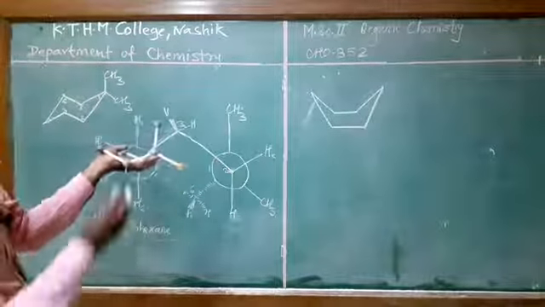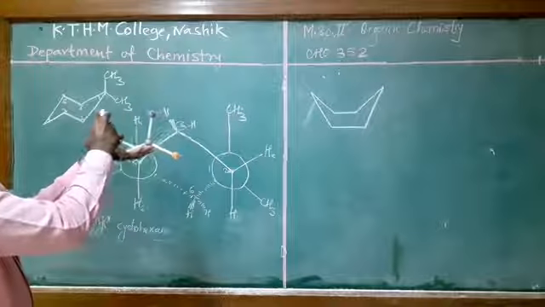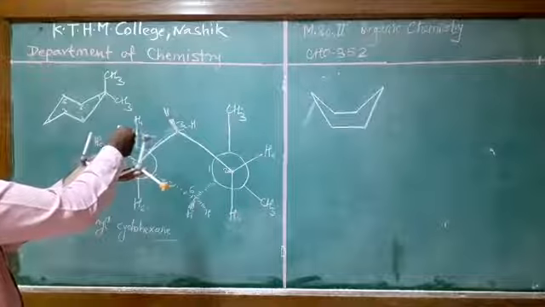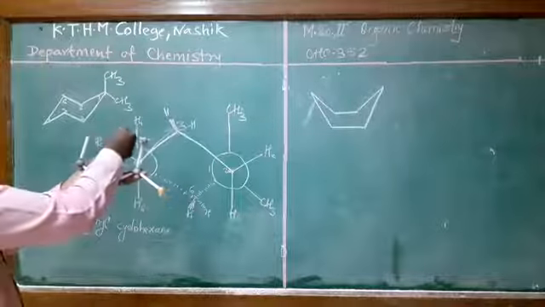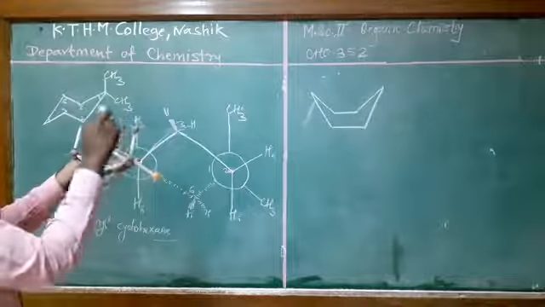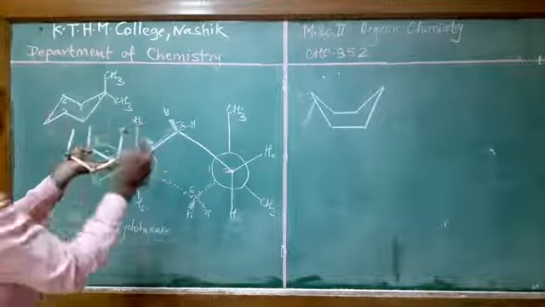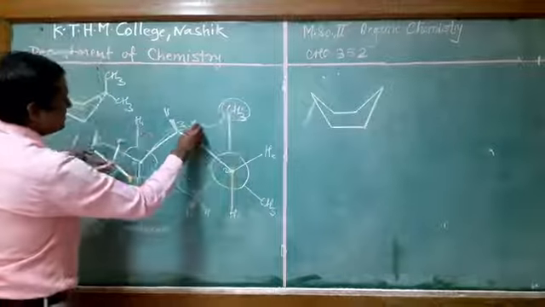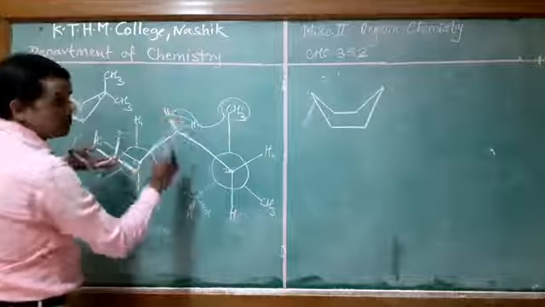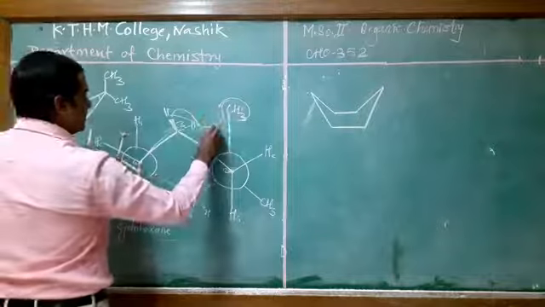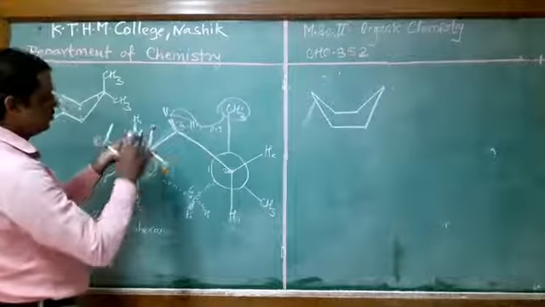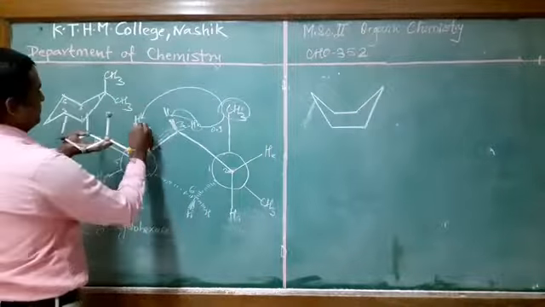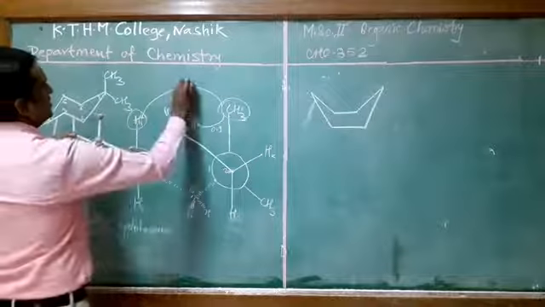So carbon number 1 has this axial substituent, that is CH3, which creates 1,3 diaxial interactions as in the previous case. This CH3 creates a 1,3 diaxial interaction with one of these hydrogens, one interaction having the energy 0.9 kilocalorie, and another with the carbon number 5 hydrogen, having the energy 0.9.